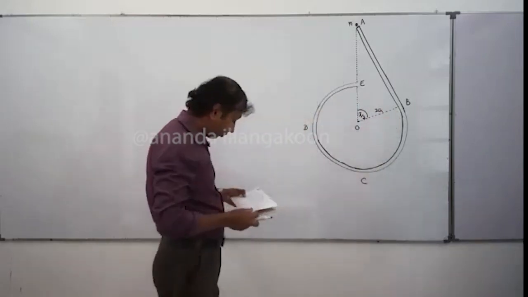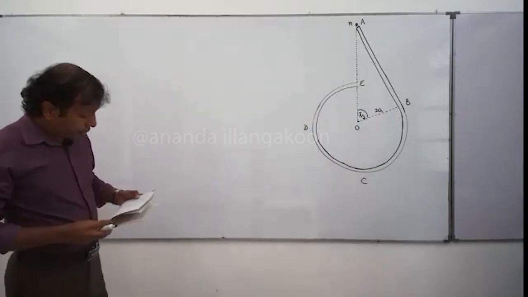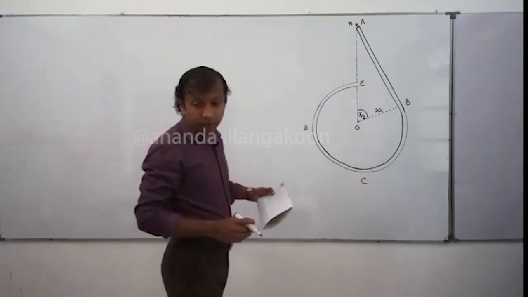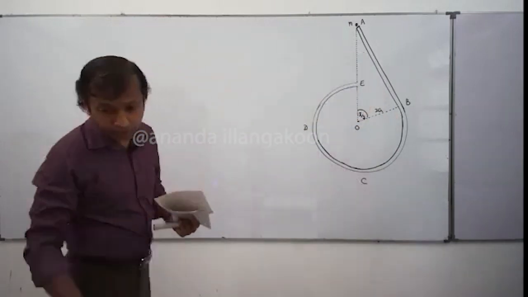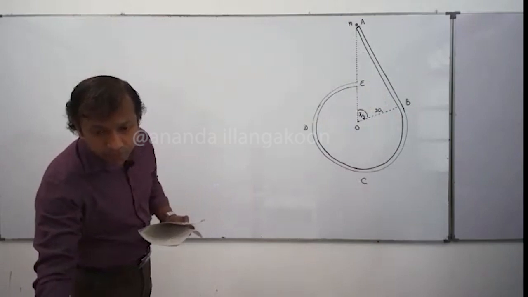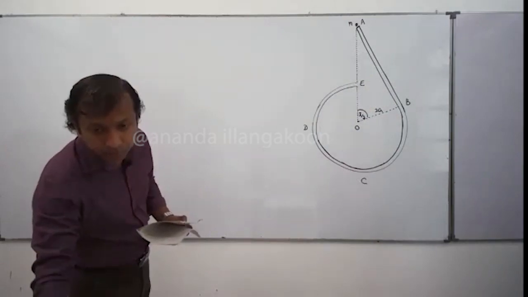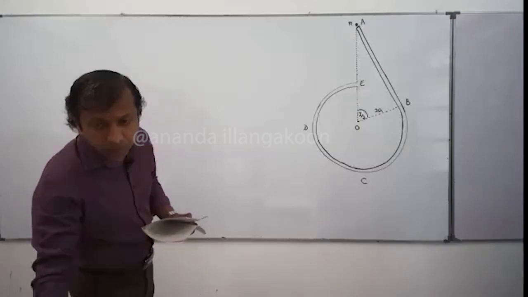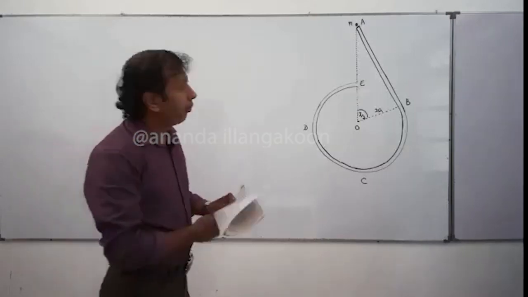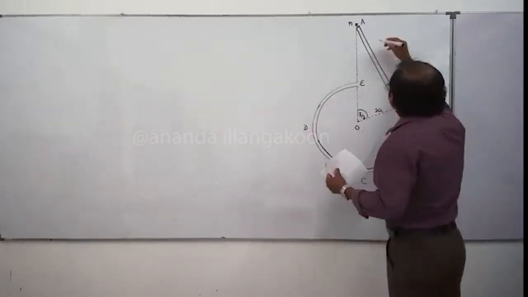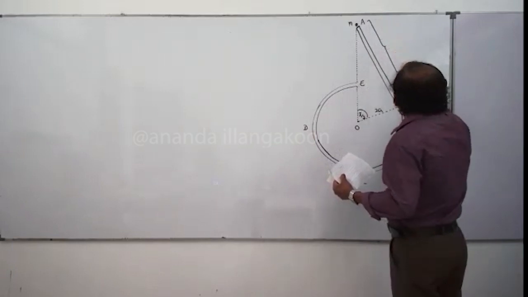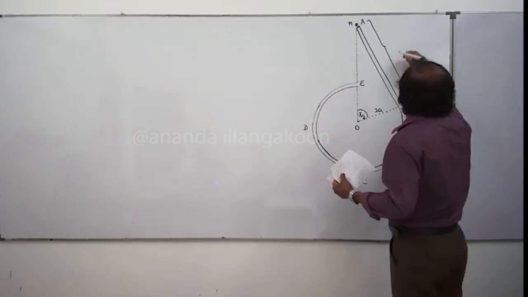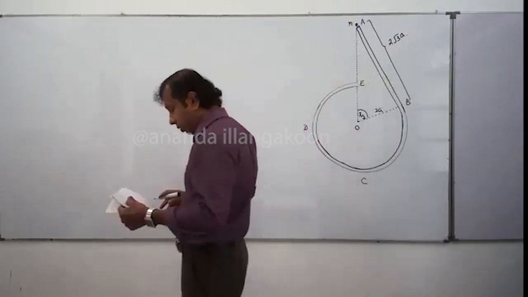The portion AB of length, this AB length, is 2 root 3a.